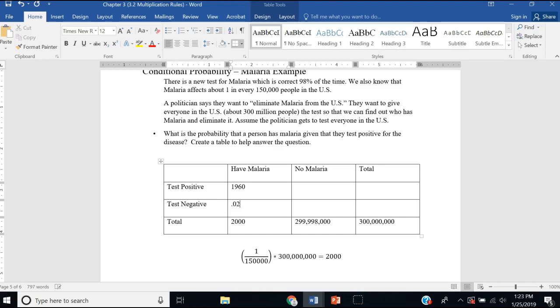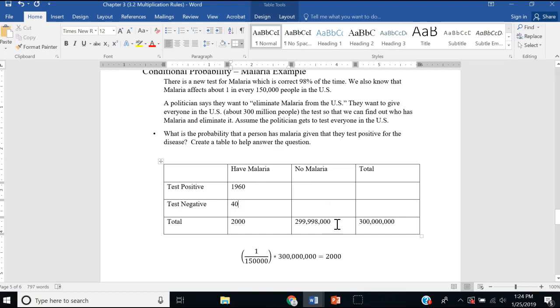Now, 2% of the time out of that group, the test is going to get it wrong, and it tests you as negative for malaria. So 40 people out of the group who have malaria will test negative, but the vast majority, 98% or 1,960, will test positive for malaria.